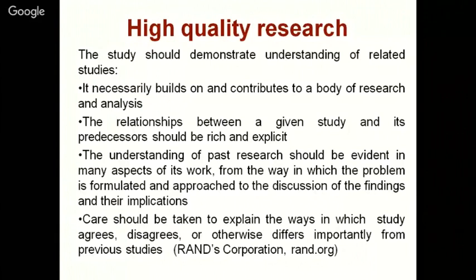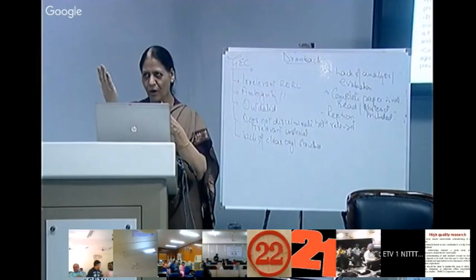Then, understanding of past research helps you in formulation of the problem. Because once you look at what has already been studied, whether it was an effect study or an impact study, many people confuse between an impact and an effect. Effect is immediate, impact is long term.